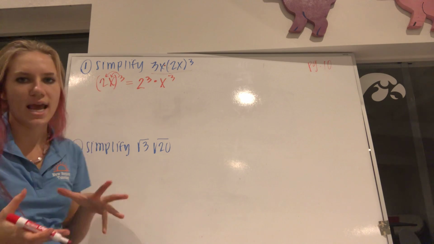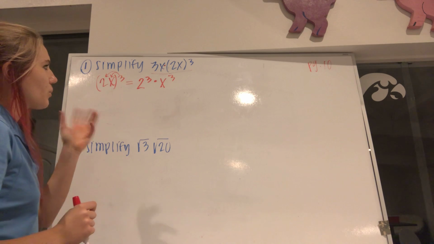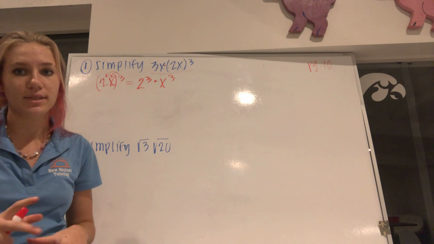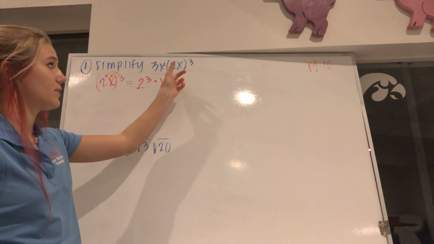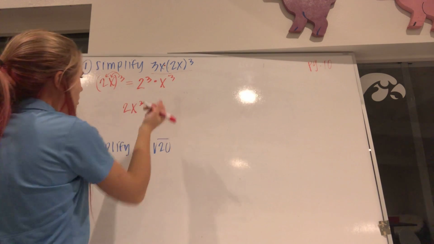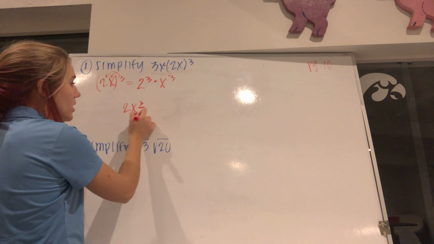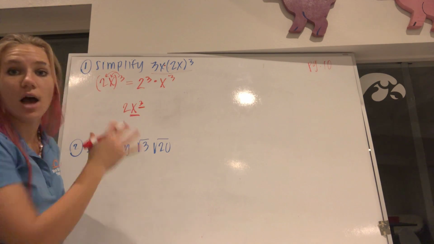So one way that you can think about it is that this exponent of 3 is being distributed. And the reason that we're able to distribute that, and the reason that that's what we have to do, is because of these parentheses. If I were to write it out, for example, like 2x cubed, the 3 exponent is only being applied to that x, right? It's not being applied to that 2.